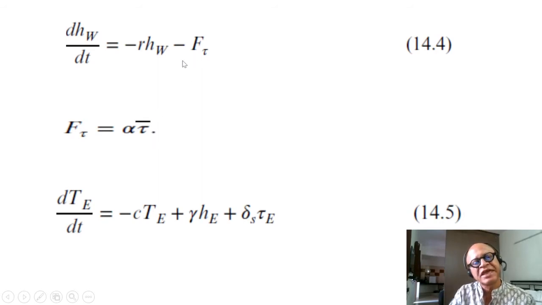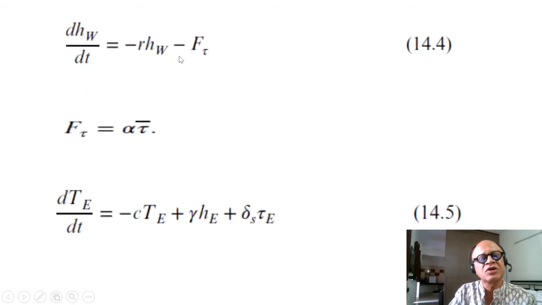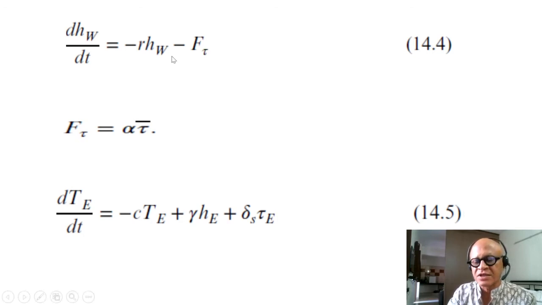There is this negative relation also here, basically because if you have a westerly wind anomaly, you are going to get a deeper thermocline. So yes, positive wind stress anomaly is going to give you a deeper thermocline. So that sign is taken care of by taking these terms in a proper direction.